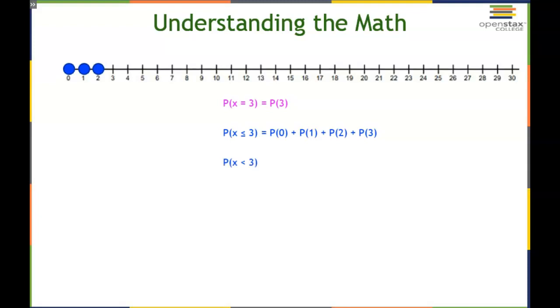That's 3 dots on my number line, and to find the probability, I would calculate P of 0, P of 1, and P of 2 and add those up. That equals the probability that x is less than 3.